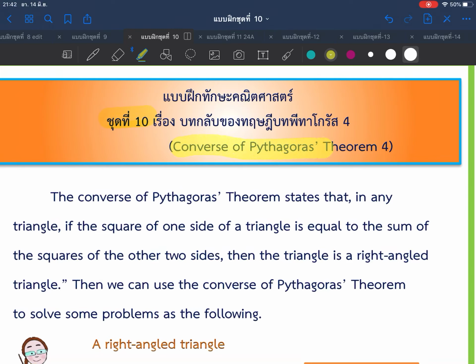Converse of Pythagoras Theorem number 4. In this set I will talk about the converse of the Pythagoras theorem.